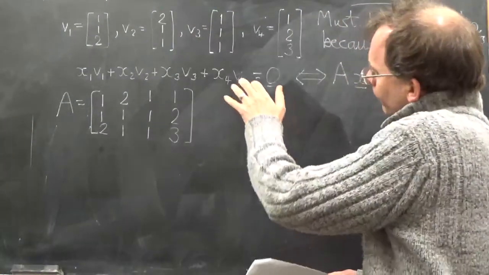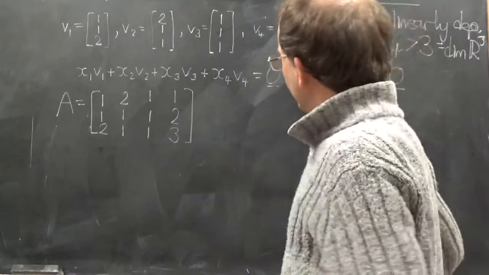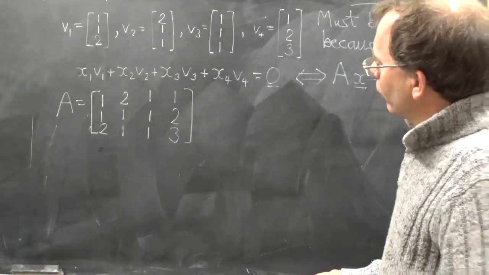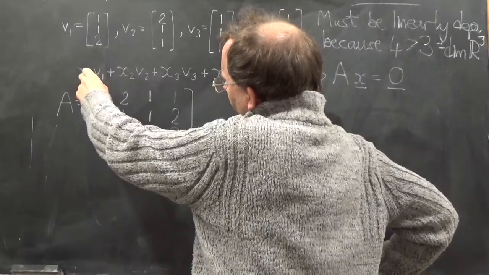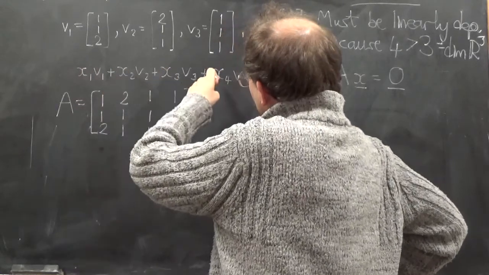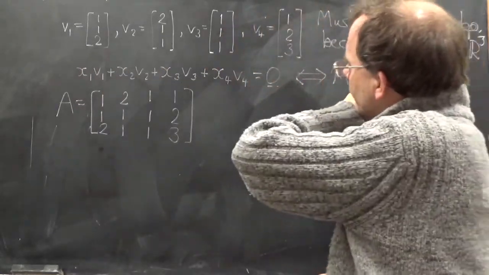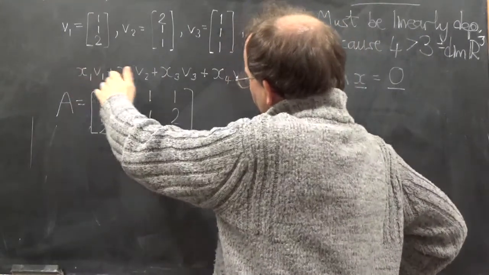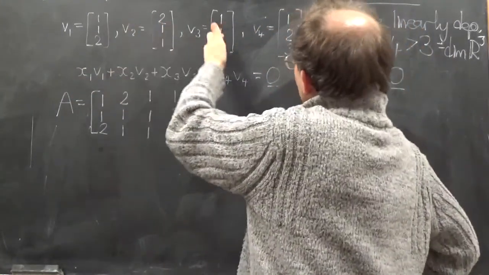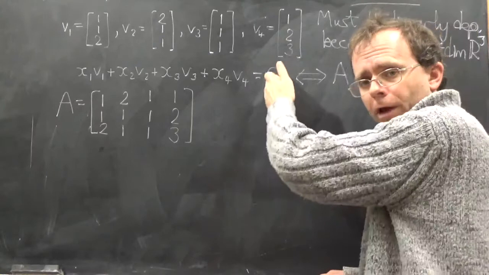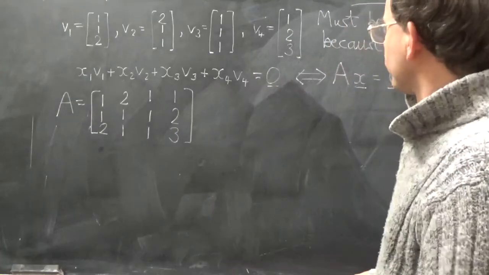Anyway, it's not a big deal. Let's go ahead and try to find all the linear dependence relations between these vectors. So we're looking for all possible real numbers x1, x2, x3, x4 such that this linear combination of these 4 vectors is the 0 vector, 0, 0, 0.